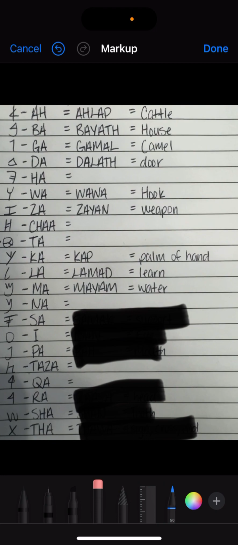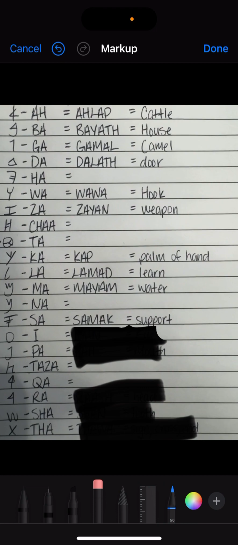We're going to skip past that one and go to sa, which means samak, and it means support. The pronunciation of sa derives from the word samak, which means support.